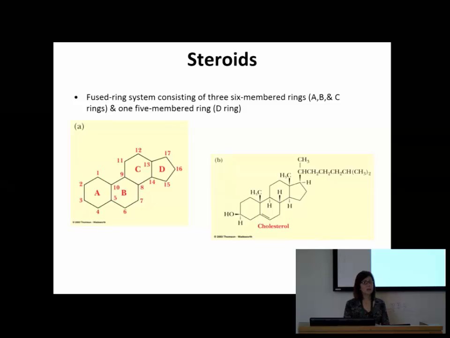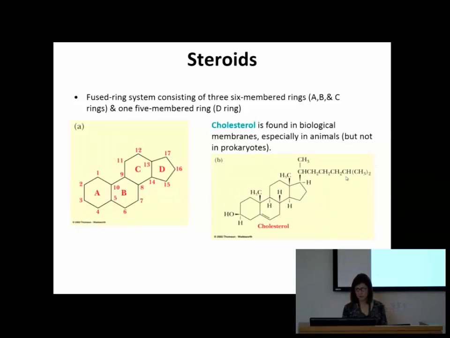But I want to point out that this cholesterol has this very rigid group here, and then a floppy tail. So it has both a rigid and a flexible part. And we're going to use it as, what I like to say is like a piece of cardboard in our membranes, sort of to regulate all the floppiness that can happen inside a membrane, sort of like adding some stability to it.